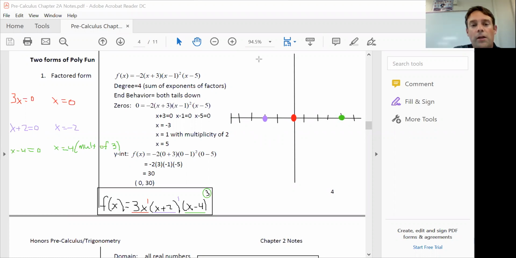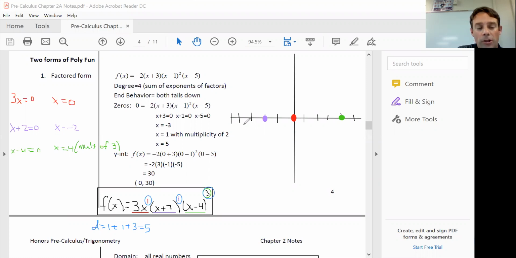Now I'm going to do my end behavior here. I look at my exponents, 1, 1, and 3. So the degree is 1 plus 1 plus 3. My degree is 5. So no matter where I end up, I'm going to be starting in the opposite spot.